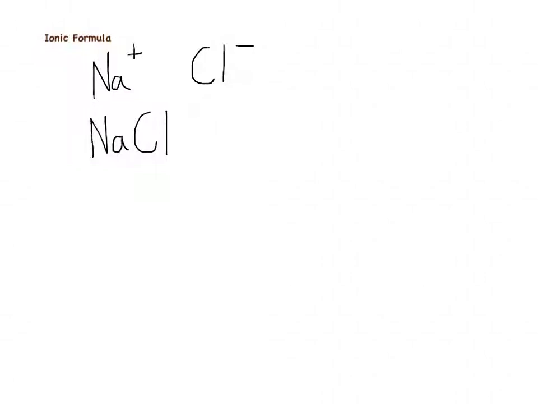Okay, let's try and bump it up a level. Alright, let's say we have, instead of sodium, say we have Mg, magnesium 2+, and we'll do chloride again. Okay, so this one's a little harder. Now we have magnesium 2+ and chloride, which has a negative charge. So we're going to have at least 1 magnesium. We can't have half of magnesium. So we know magnesium is going to be 2+, but the chloride is only -1.